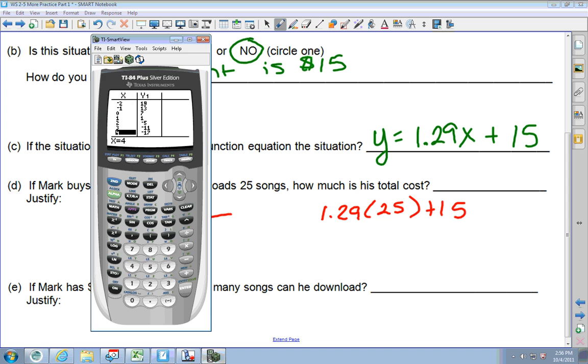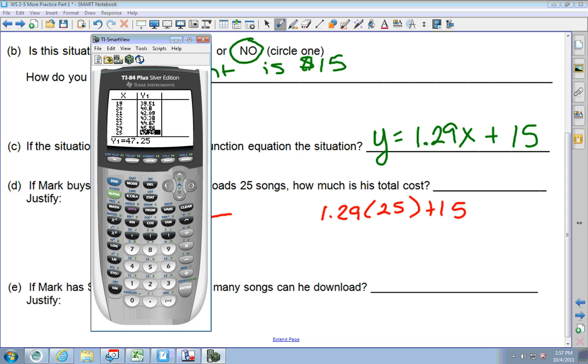Or go in your calculator and put in 1.29x plus 15, and press second graph. Let's look and see where x is 25, and my answer comes over here.